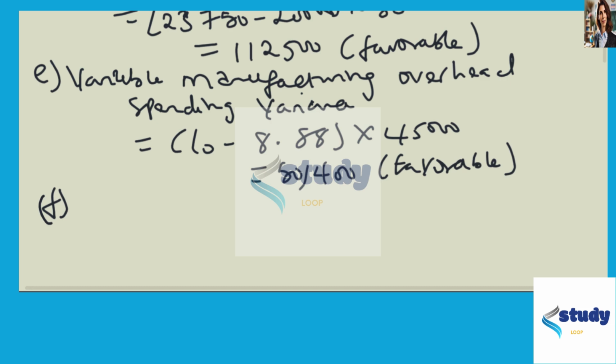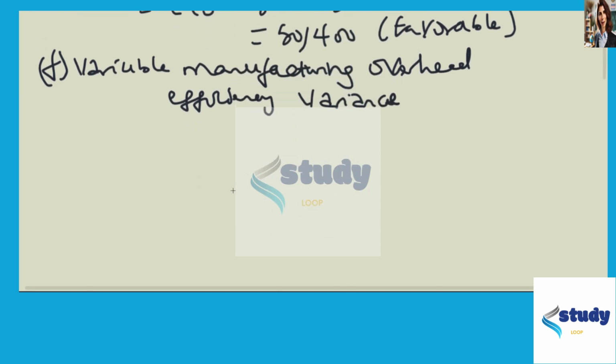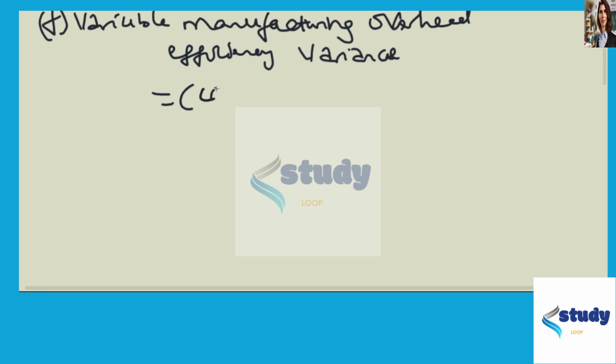Now the next one is the variable manufacturing overhead efficiency variance. This is equal to 47,500 minus 45,000, multiplied by 10.